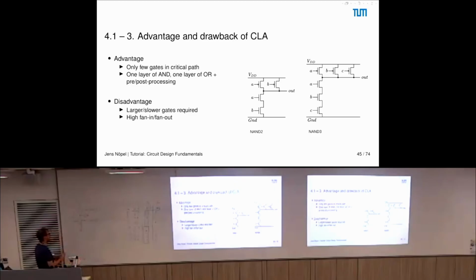Because what you actually want is that this thing is symmetric. If you don't have that, the timing of your circuit is very hard in the end. And what a CMOS designer then does is dimension the PMOS 2 times larger so that the resistance of the PMOS gets 2 times lower and is exactly as fast as an NMOS.